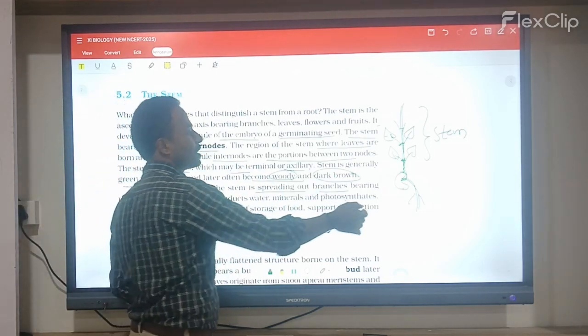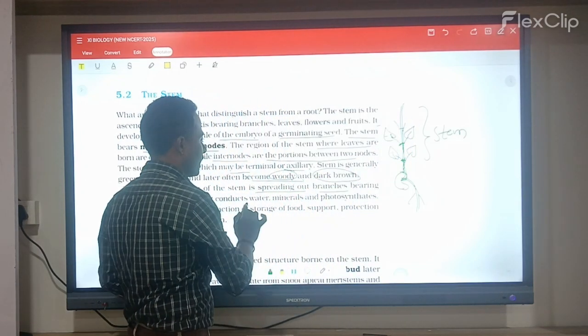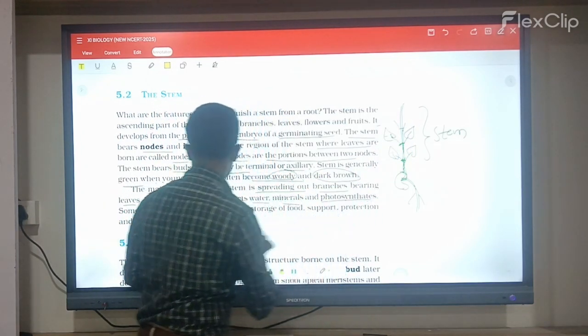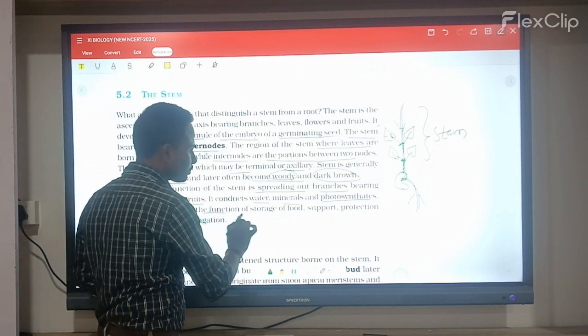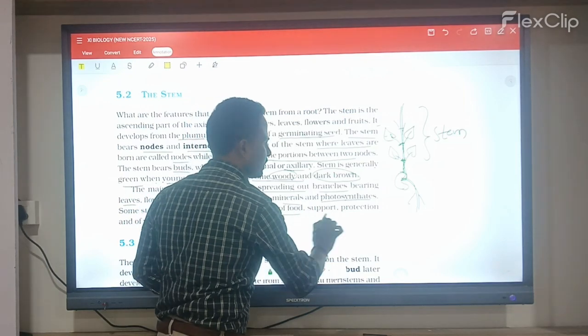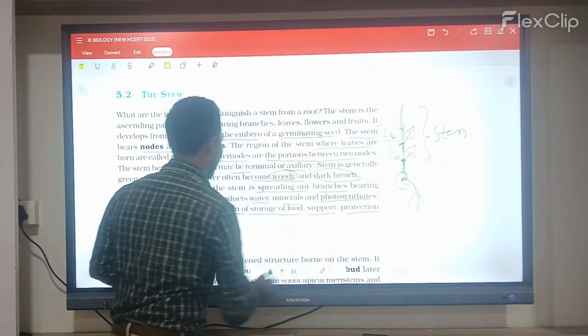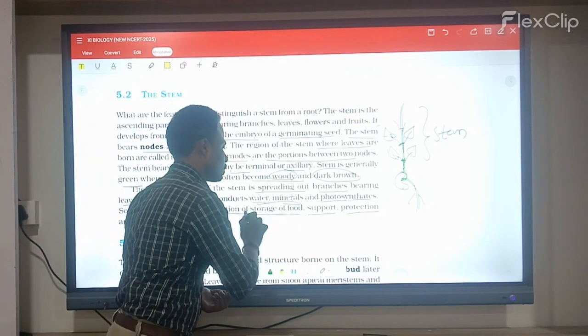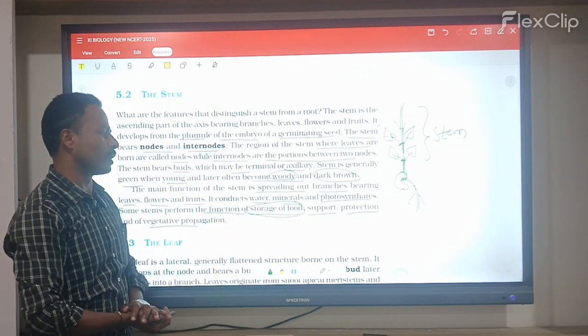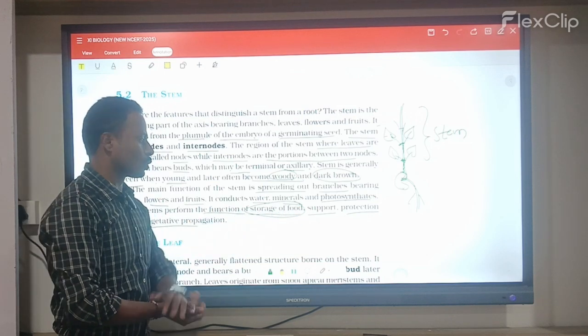And what is the major function of the stem? The stem conducts water and minerals, and in some stems photosynthesis takes place. Some stems provide storage of food materials, mechanical support, protection, and vegetative propagation. For example, the stem tuber potato is a storage of food.